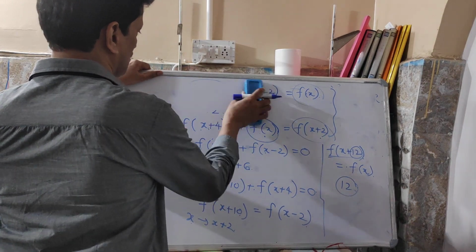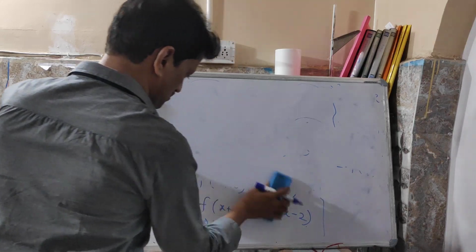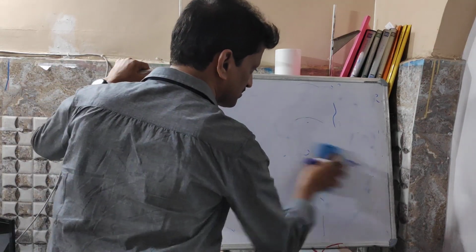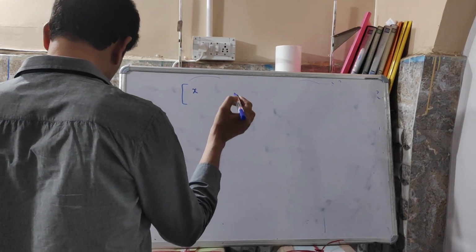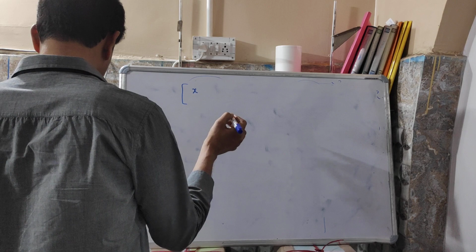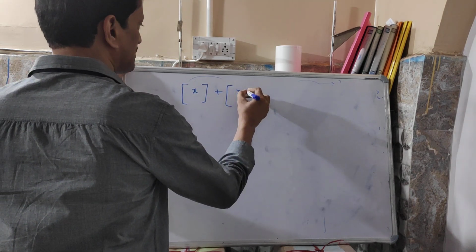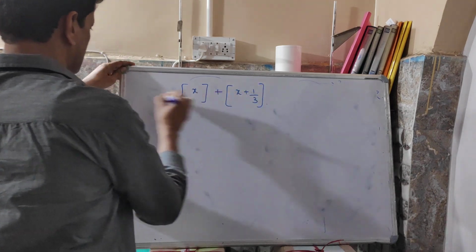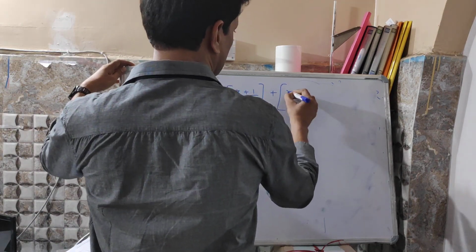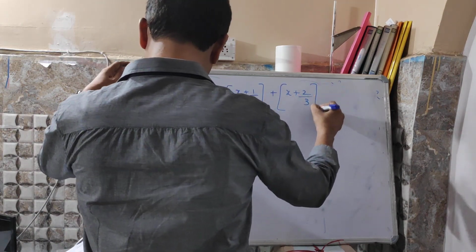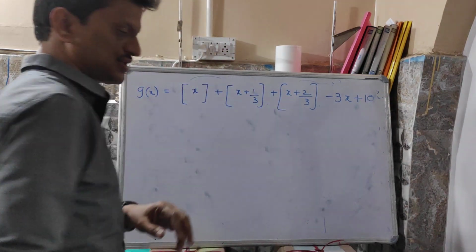Now और एक प्रॉब्लम कर सकते हैं ना, okay, so look at this, bracket x plus 1 by 3, a function g of x I am giving, plus bracket x plus 2 by 3 minus 3x plus 10. We need to find the period of this function.